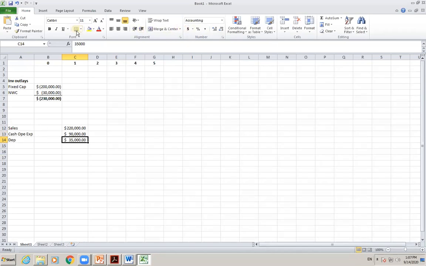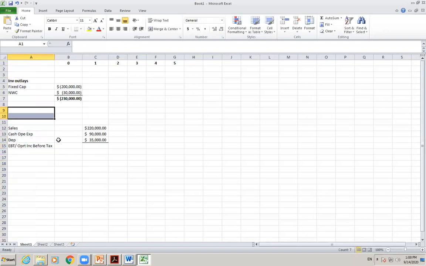And of course, this will help us get operating income before taxes, or sometimes we call it EBT, earnings before tax. We call it in this way as well. So how do we get it? From sales, we subtract the cash operating expenses and depreciation.